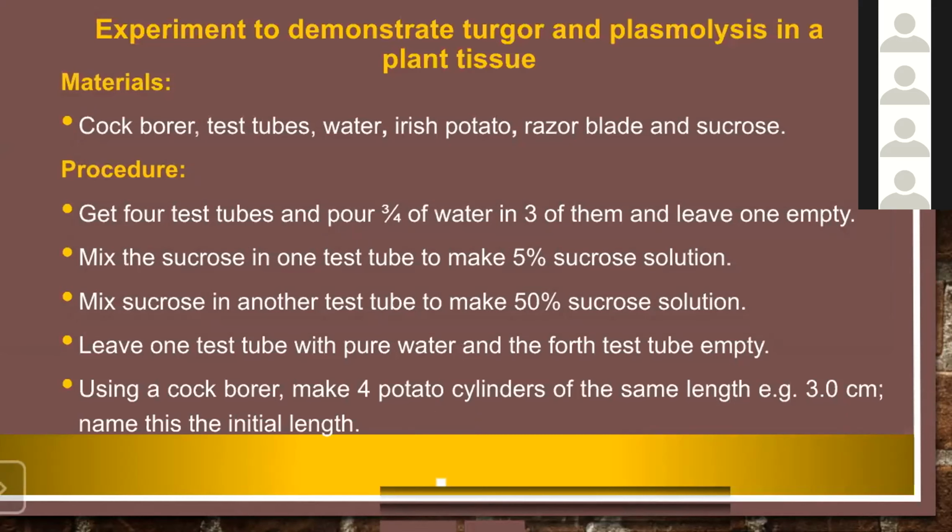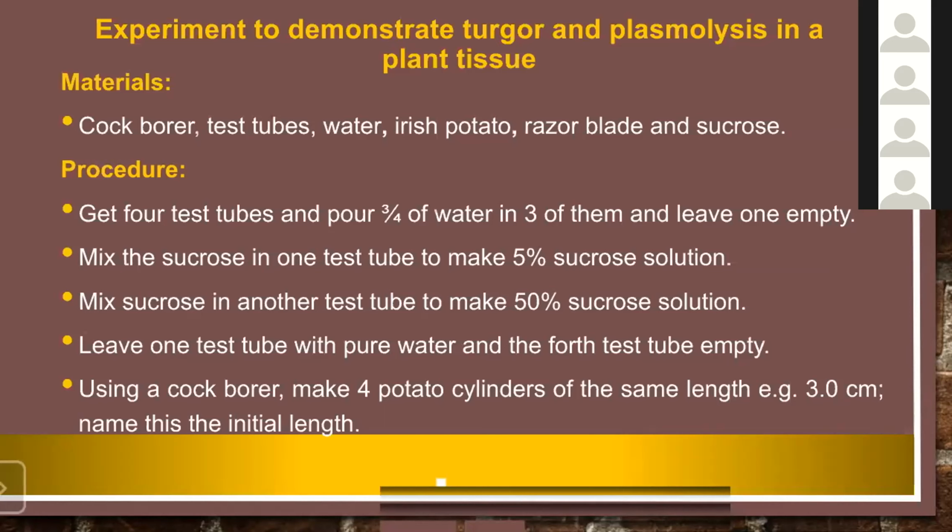Step 3. Mix sucrose in another test tube to make 50% sucrose solution. Step 4. Leave 1 test tube with pure water and the 4th test tube empty. Step 5. Using a cork borer, make 4 potato cylinders of the same length, for example, 3.0 centimeters. That's 3.0 centimeters. Name this the initial length. Thank you so much.